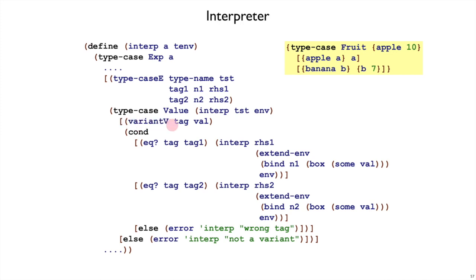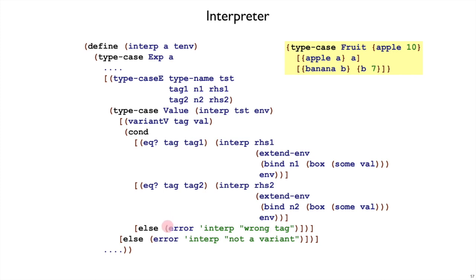And when we get a variant v, hopefully the tag on that variant matches one of the ones we've declared. So tag 1 is the declared tag for this first case, apple, right? That comes out of our type case here. So tag 1 corresponds to apple, tag 2 corresponds to banana. We take the result of this expression as a variant v and compare its tag against those declared tags. If we don't find a match, then that means there's been some other sort of mix-up.